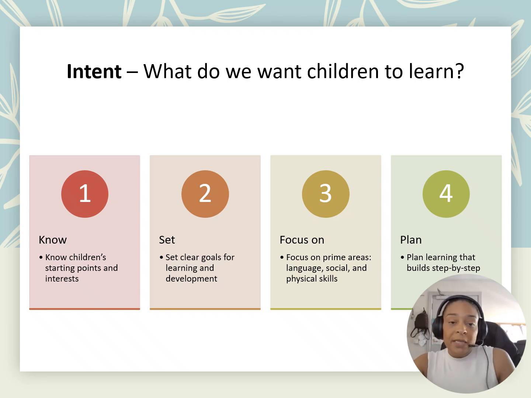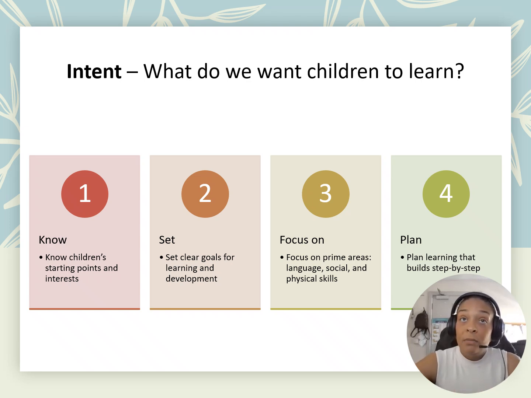Let's talk a little bit about intent. Intent is, like I said, quite simply, what do we want children to learn? We know that children have starting points, so it's really important for you to try and assess children's starting points. You know this through their interests, through speaking to parents sometimes. There are lots of ways in which you can figure out what their starting points are.